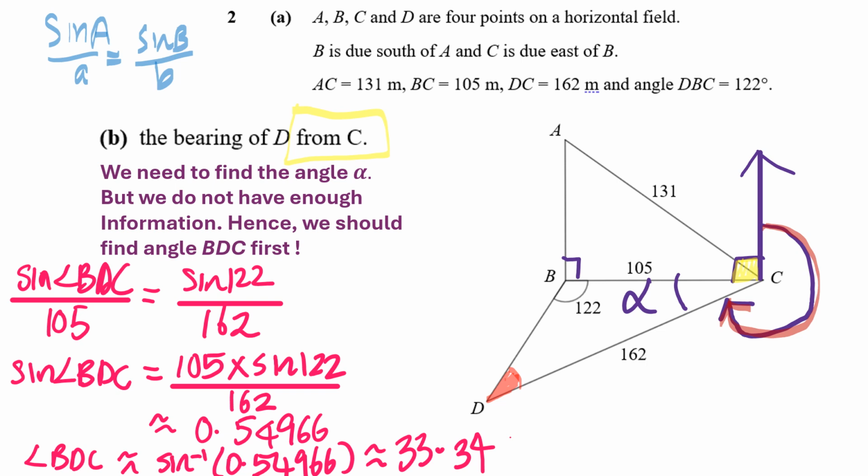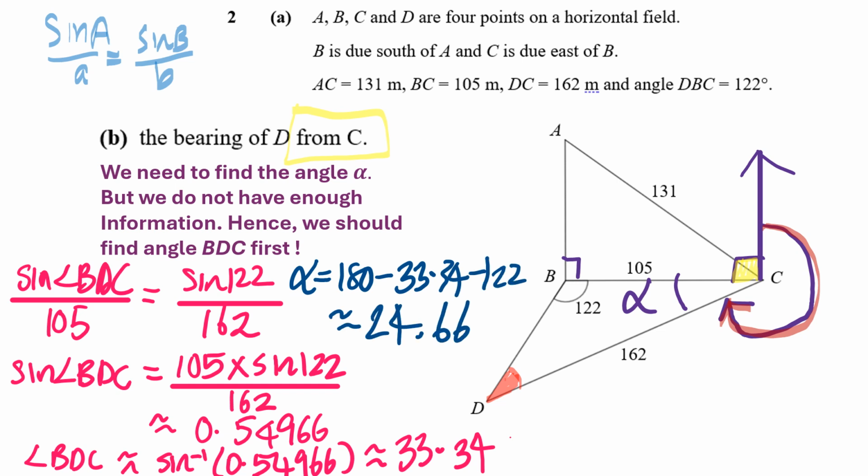Then you divide both sides by 162. That will give you 0.54966. Then you need to sine inverse that value to give you angle BDC to be 33.34. Then from there, we can find your alpha, which is just 180 minus 33.34 minus 122. So that gives you 24.66 for alpha.